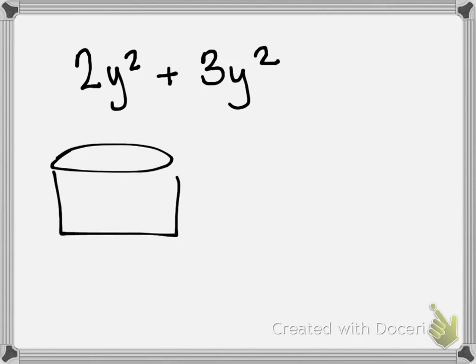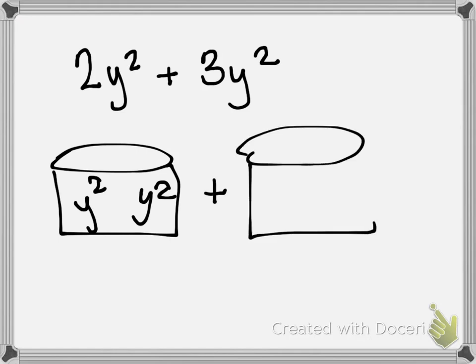What if we had a 2x squared? Let's not use x. Let's use a y. 2y squared plus a 3y squared. So that's kind of like in this bucket, we have 2y squareds. And then we have this bucket, and we're going to combine the buckets. Over here we have 1, 2, 3y squareds.